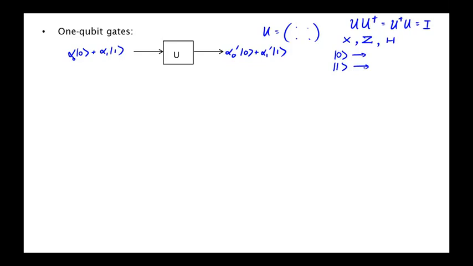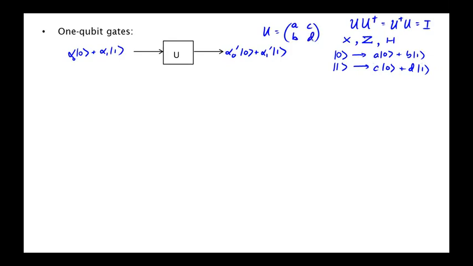So if you specify these 4 numbers, which are that |0> gets mapped to A|0> plus B|1>, and |1> gets mapped to C|0> plus D|1>, then you specified what the mapping is, because it's a linear map. So now if you have alpha |0> plus beta |1>, what does it go to? Well, it goes to alpha times (A|0> plus B|1>) plus beta times (C|0> plus D|1>). Also, the unitary matrix that describes the mapping is just given by A, B, C, D.